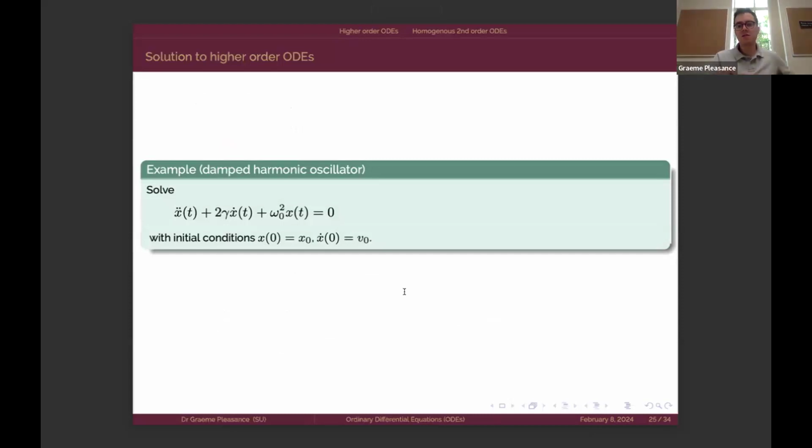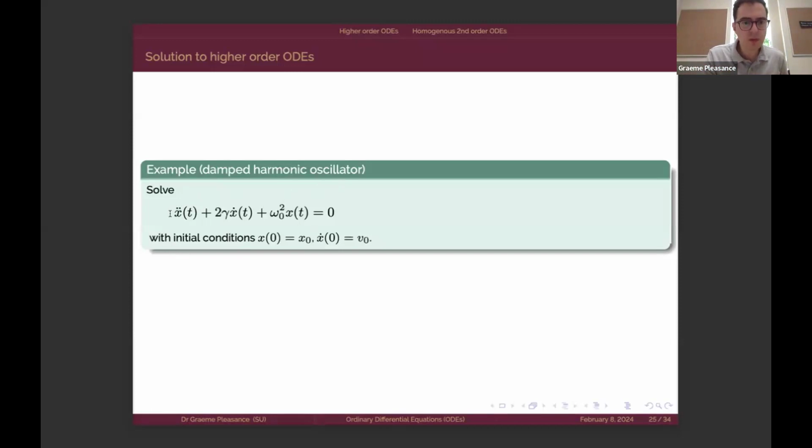This arises when you consider, for example, a simple pendulum that just oscillates about a fixed point, and you can also include the effects of air resistance. So your pendulum basically exhibits damped oscillations. If you apply Newton's second law of motion, you're able to come up with a second order ODE to describe this behavior, and it's written in this way.